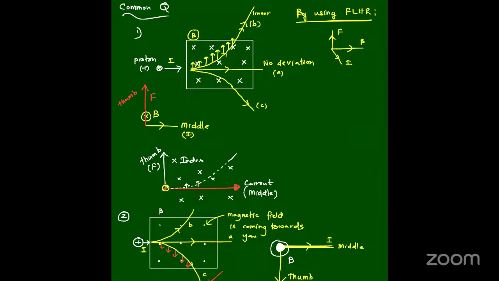There won't be any deviation of its path, because there's no electric effect, no current generated. No current generated means you can't use Fleming's left-hand rule. So therefore, no force will be applied on the particle, and there won't be any deviation if it is a neutron.